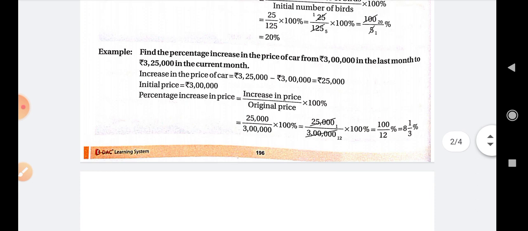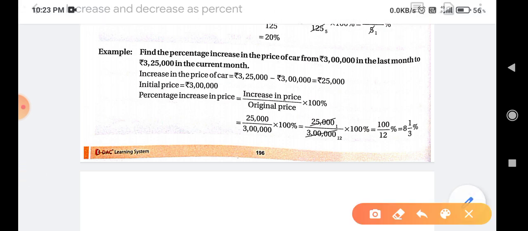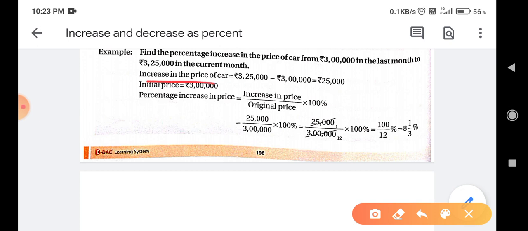In the same way you can do the next example. You have to find the percentage increase in the price of a car from 3 lakh last month to 3 lakh 25,000 in the current month. The price of the car is increased by 25,000 rupees and the initial price was 3 lakh.